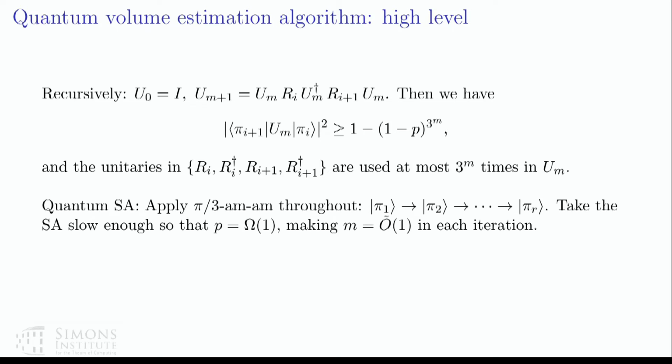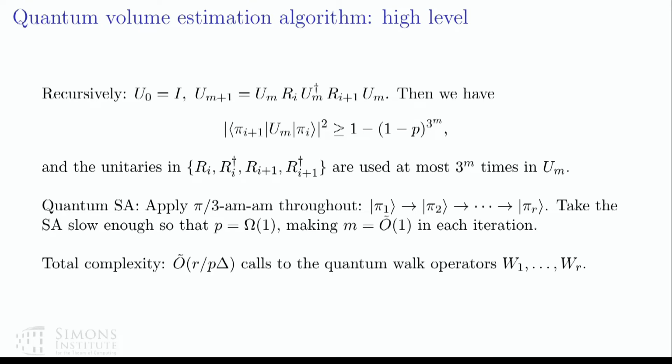Through the quantum simulating strategy, we are going to apply pi/3 amplitude amplification throughout, from the very beginning state pi1 to pi2, and finally to the state pi r that we need for the volume estimation algorithm. On the other hand, we take the simulated annealing schedule slow enough such that the overlap p here is a constant, and I make sure that m, the number of iterations for the pi/3 amplitude amplification, is only a constant in each iteration.